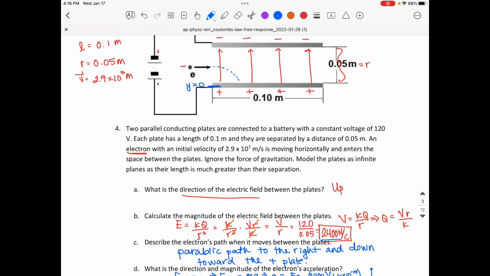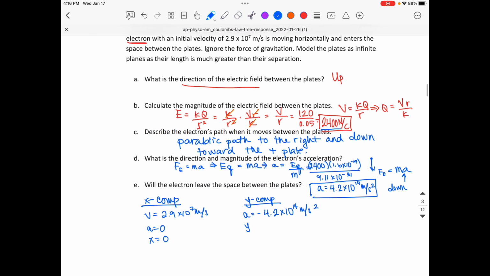So that means the initial y position is going to be half of 0.05, which gives me an initial position of 0.025 meters. And then we want to find where the final position is equal to 0, because that would be where we see if the electron is leaving the space between the plates or is hitting the plate.